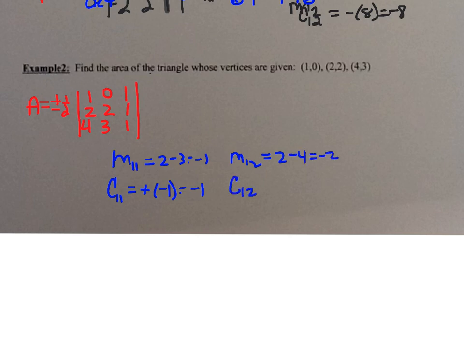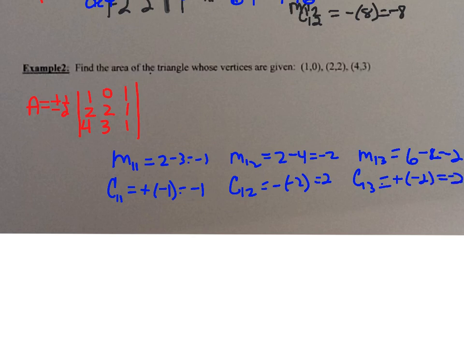My cofactor 1, 2 is going to be negative 1 times negative 2, which is 2. And then my minor 1, 3 is going to be 6 minus 8 equals negative 2. And my cofactor 1, 3 is going to be positive 1 times negative 2, which is going to be negative 2.